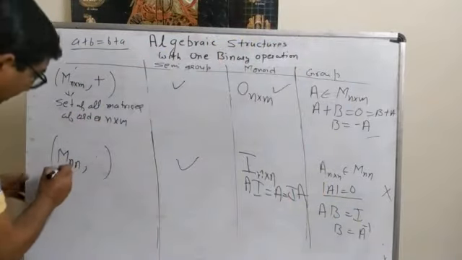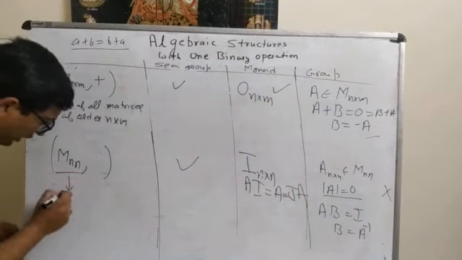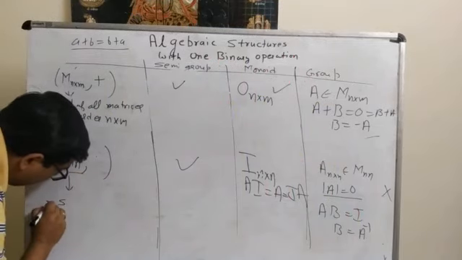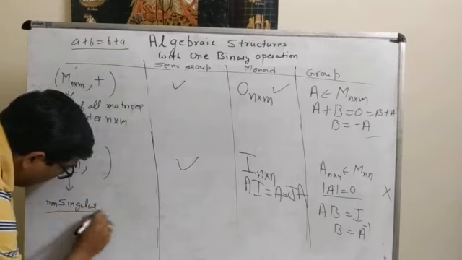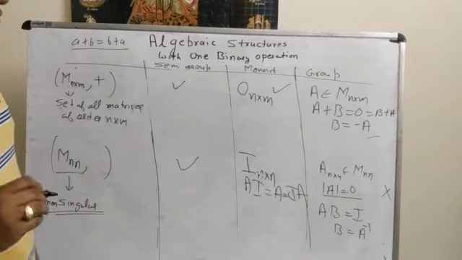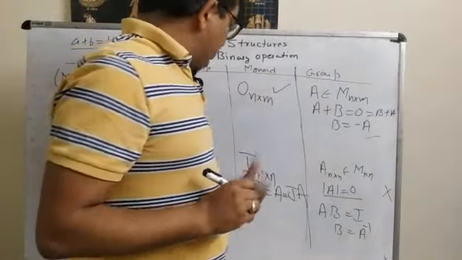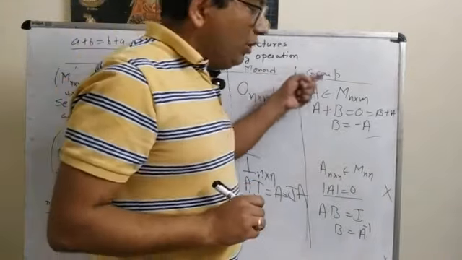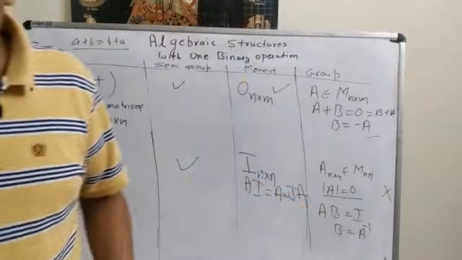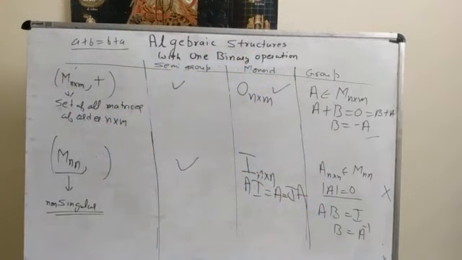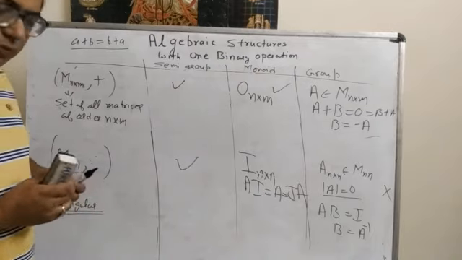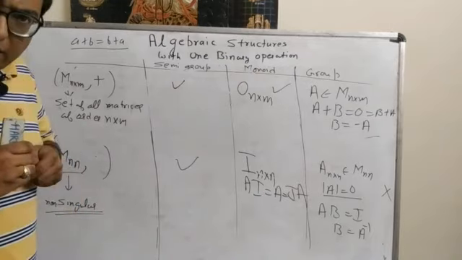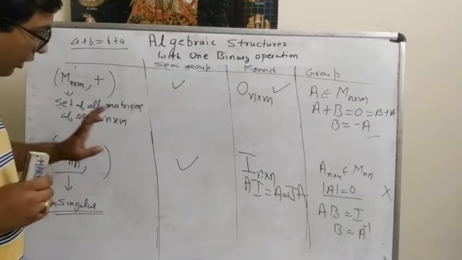But if we say this is the set of all square matrices which are non-singular, in this case this algebraic structure will become a group. So we have seen that the set of square matrices under matrix multiplication is not a group.